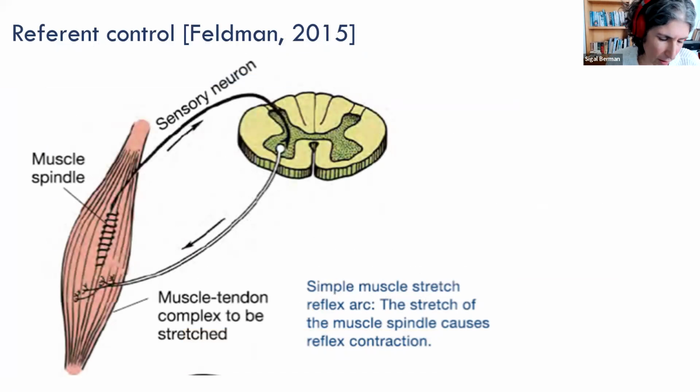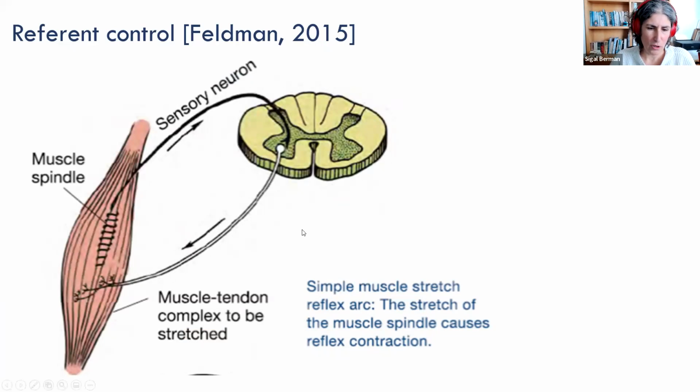Now, a quick jump to reference control theory, to tie in what I'll talk about later in this talk. So we have the muscle stretch reflex, and you see here a cartoon of the muscle stretch reflex arc. This is basically when the muscle contracts following a stretch that is felt by the muscle spindle. The point of the muscle stretch reflex is to keep the muscle at some predetermined length.